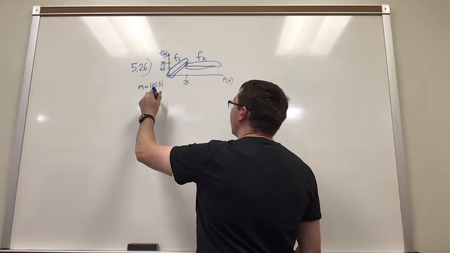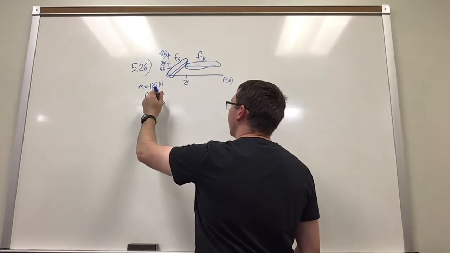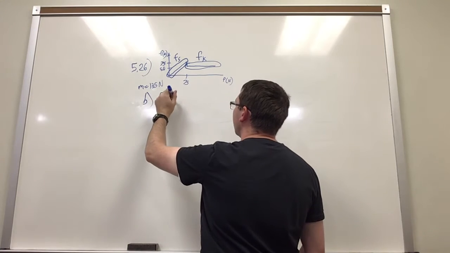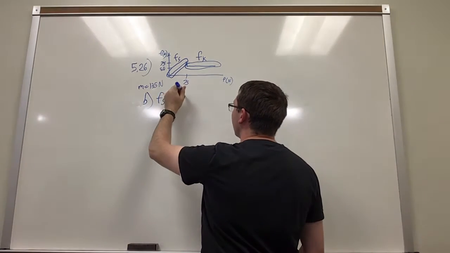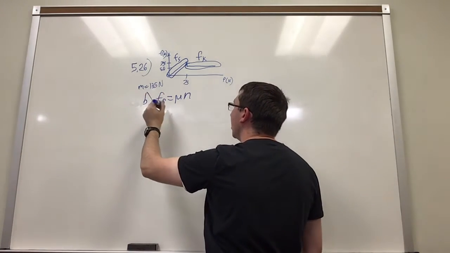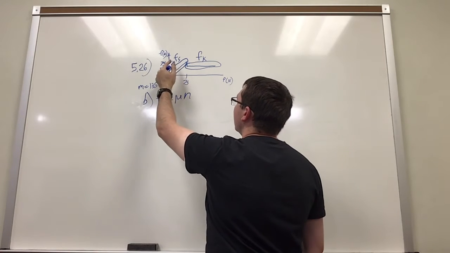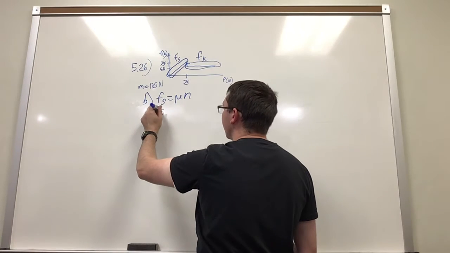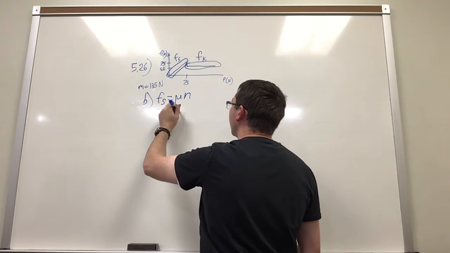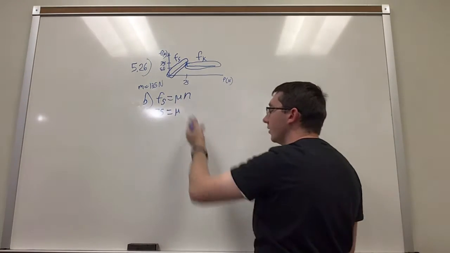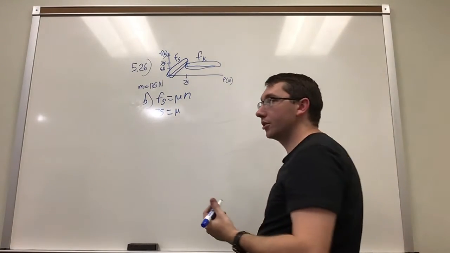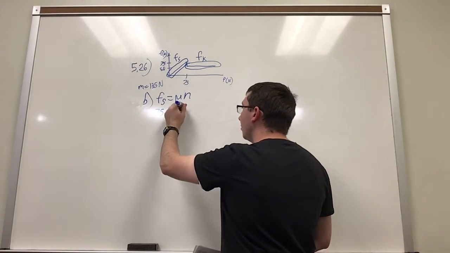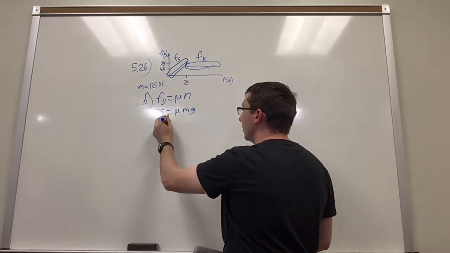So for part B, we know that the force of static friction is going to be equal to mu times the normal force. We know the force of static friction, that's 75 newtons from the graph. We don't know the coefficient, but we know that the normal force is going to be equal to mass times gravity.